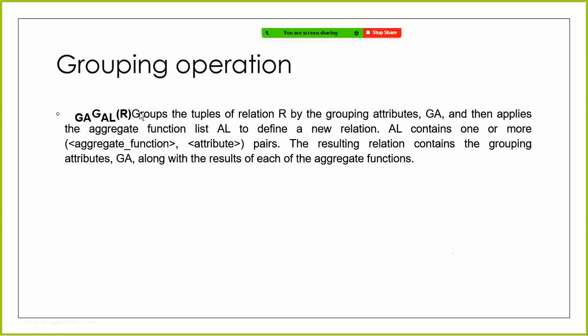In grouping operation, we actually apply aggregate operation based on some attribute. First we define the column or attribute on the basis of which we are grouping, and then we give the set of aggregate operators and the column name, like count on client number, and then we have this table name as R.